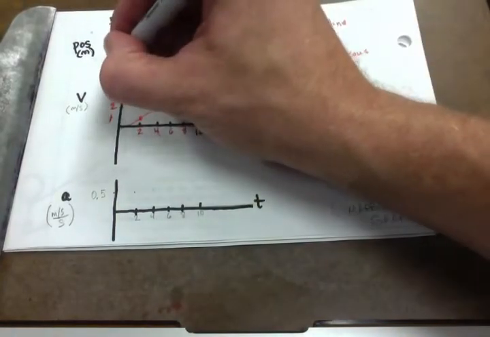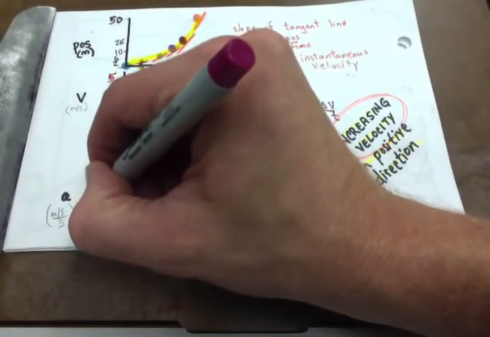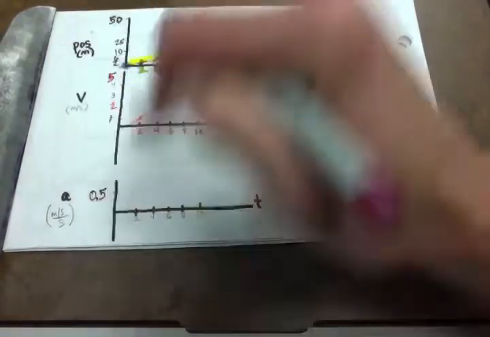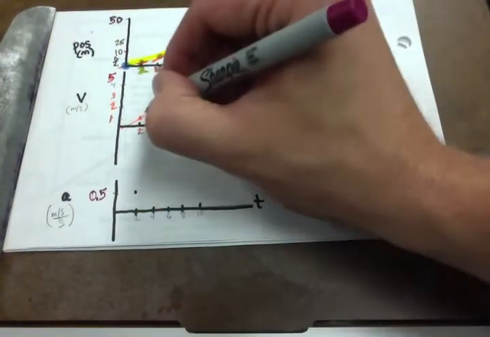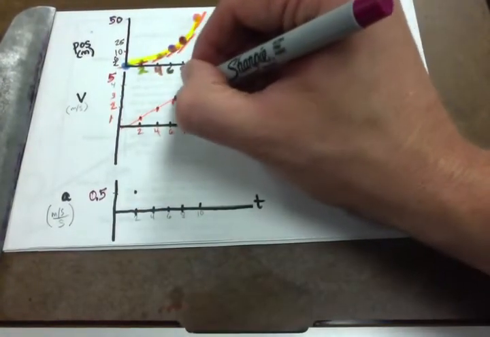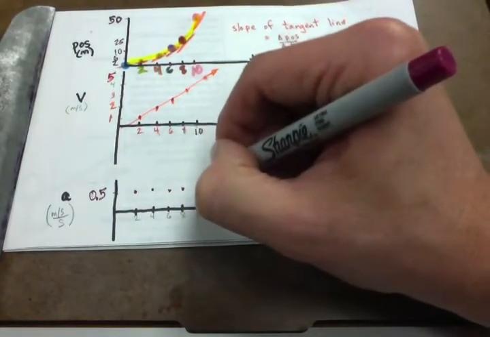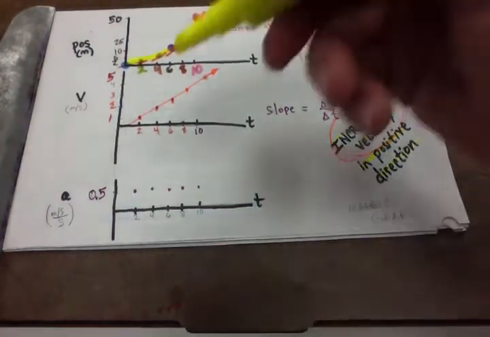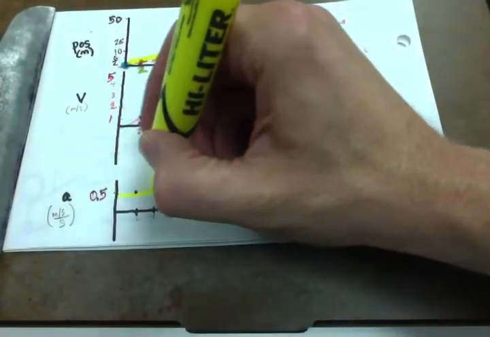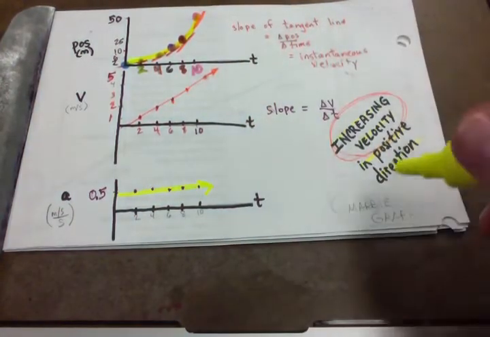It's up 5 over 10, which is the same as up 1 over 2, and it stays the same. The slope at each point remains the same value. So we say the acceleration stays constant, or the rate that the velocity changes stays constant.